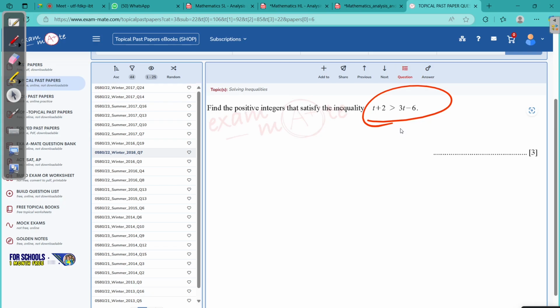Wait, but why is it not anything below 4? Shouldn't it just be a positive integer? Oh, positive integer. Do you think that 0 is a positive integer?